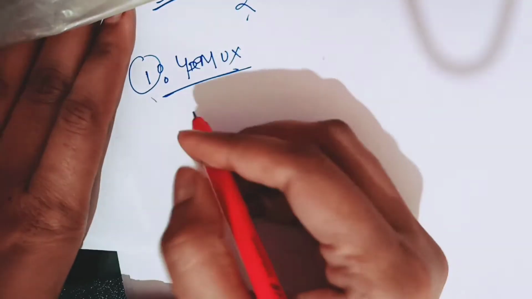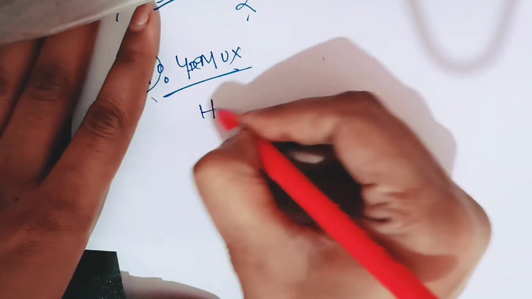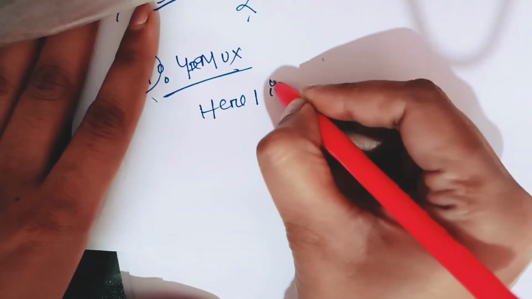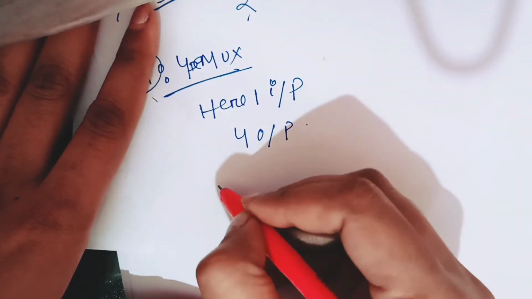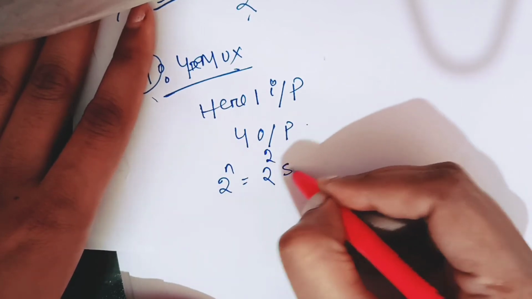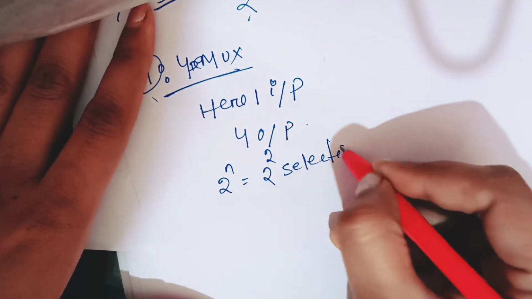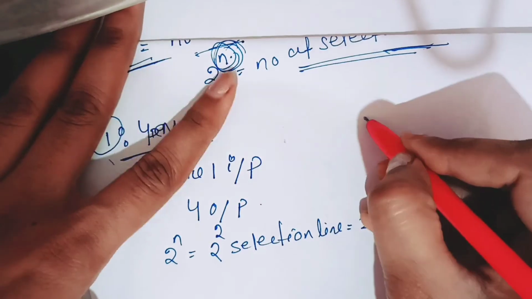One input, four outputs, and the number of selection lines comes from 2 to the power n, 2 to the power 2, so the number of selection lines is equal to 2. Then the block diagram.